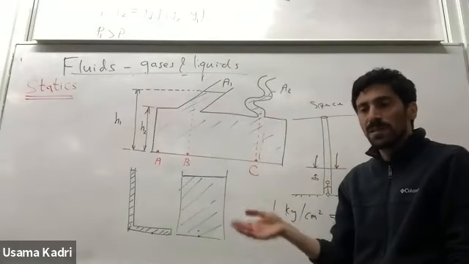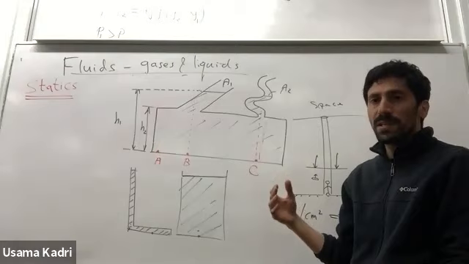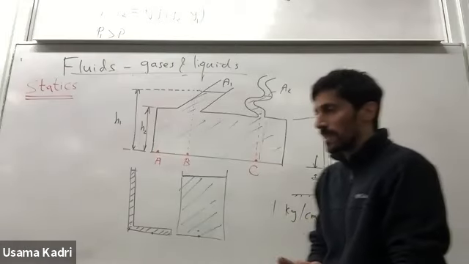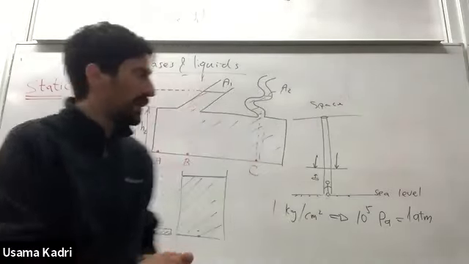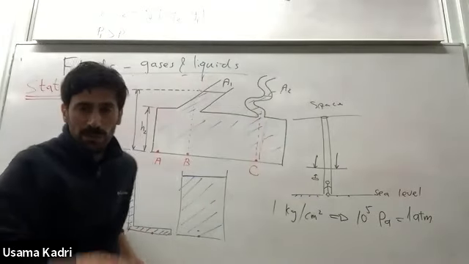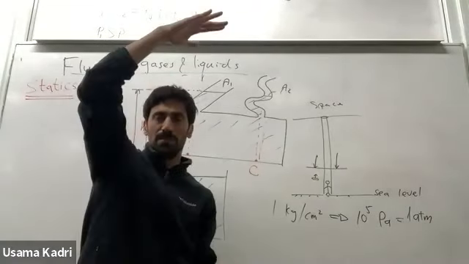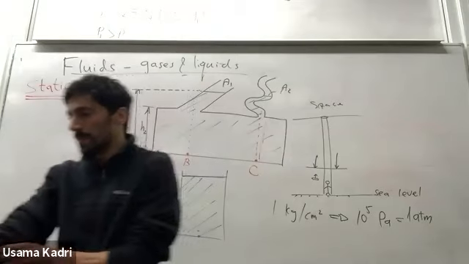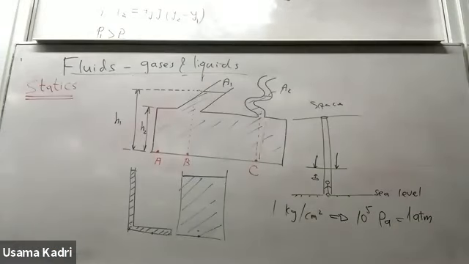But let's assume that the density is constant. Then still, in order to actually measure or calculate the atmospheric pressure, you need that much height of air. But there's a different way of doing it, and it's quite an easy way actually.